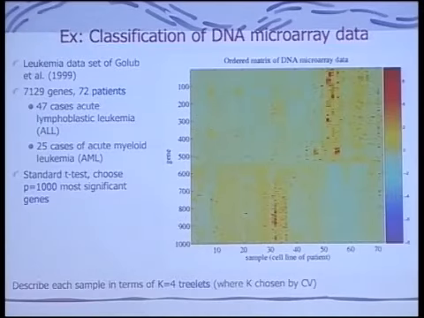So I just want to show you quickly an application to microarray data. So here, each column shows you the expression profile of 72 patients across 1,000 different genes. And we're going to use treelets here both to explore the structure in the genes and the structure in the samples.